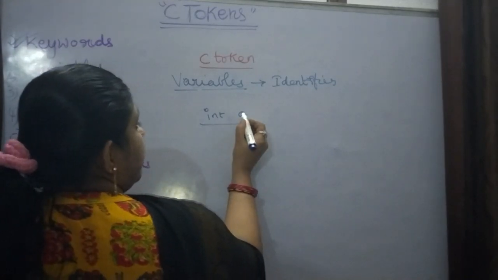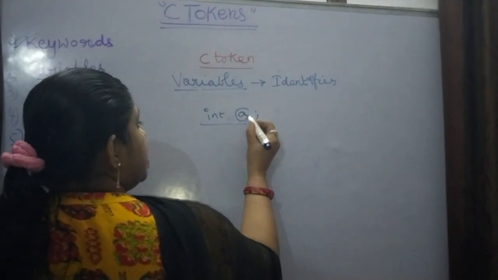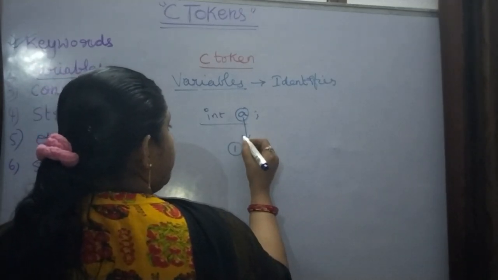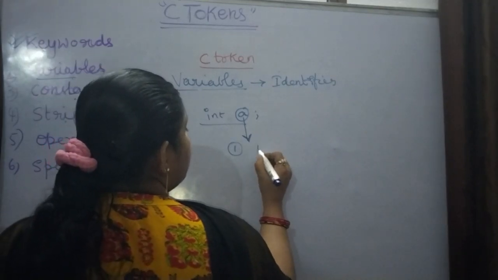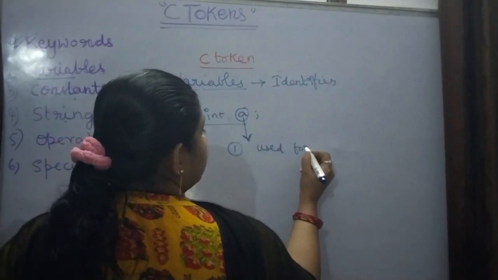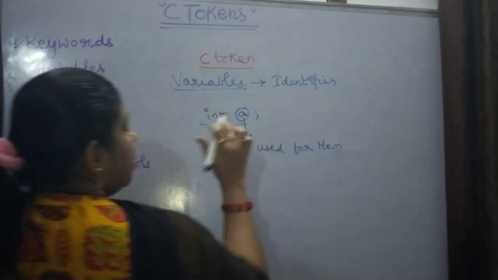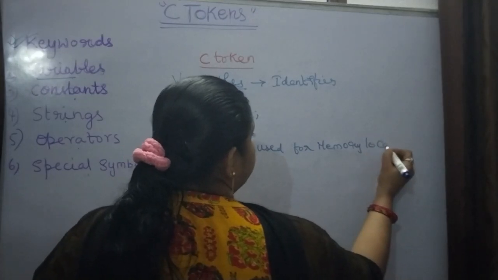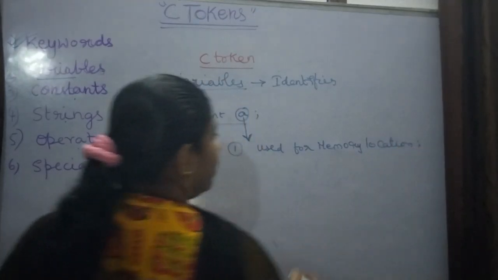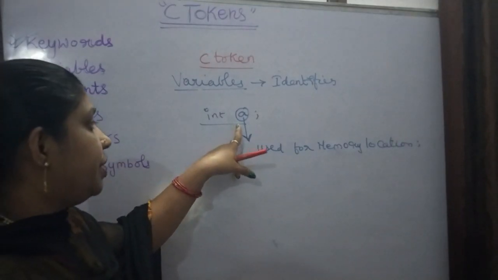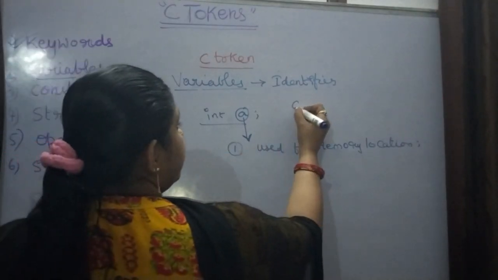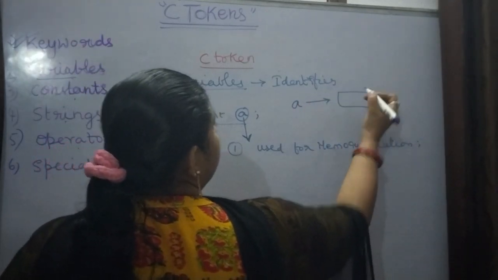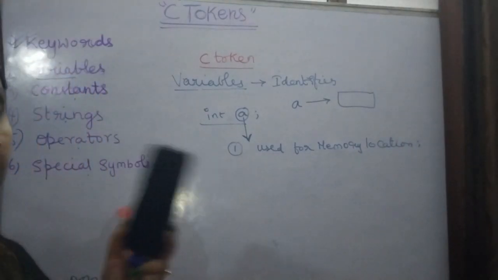Okay. Now a is there. A is the variable here. Now this a will be pointed to, or used for, a memory location. That means when you are declaring a variable, it points to some memory in the program.